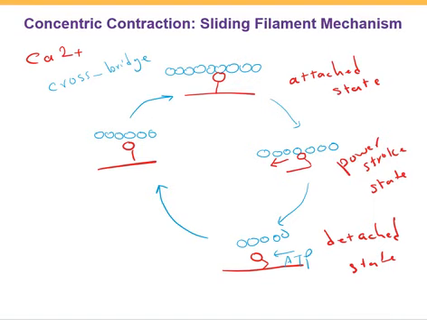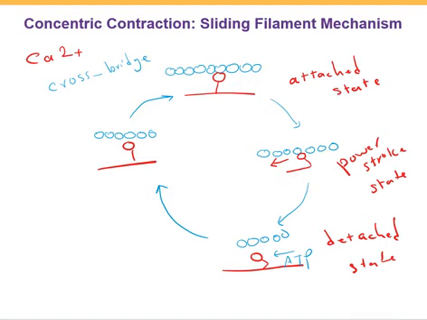We have attached state when there is calcium in the cytoplasm, the myosin head and actin would be bound together, and then we have power stroke when the myosin is super excited, full of energy, and it's going to pull the thin filament or actin toward the center, and then it gets a little bit tired.